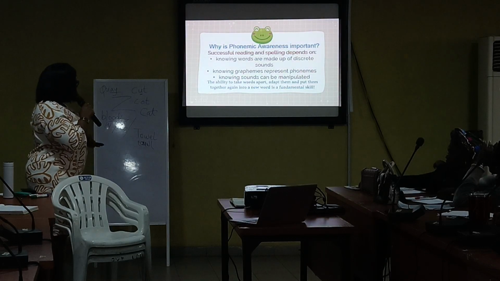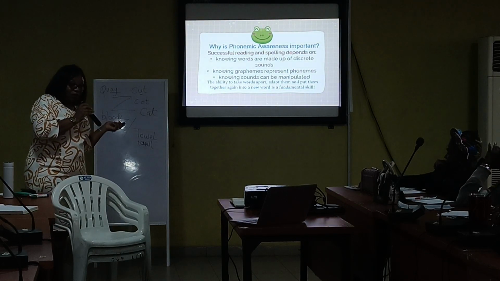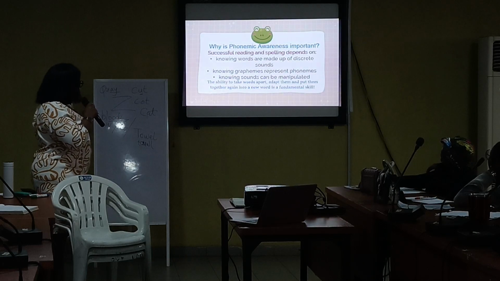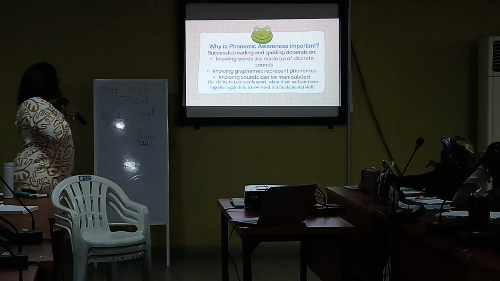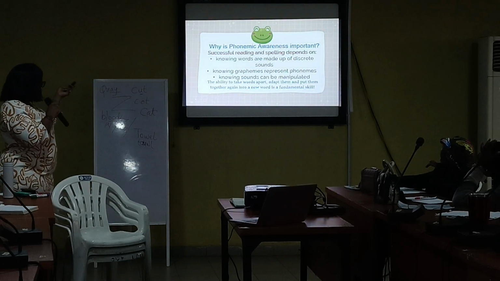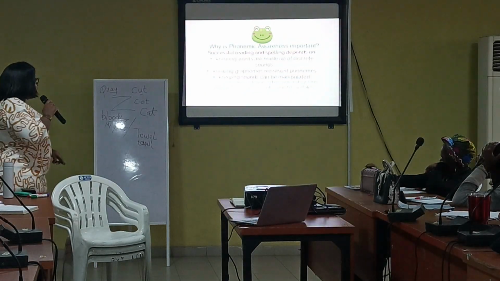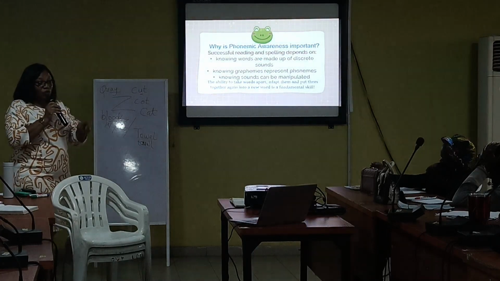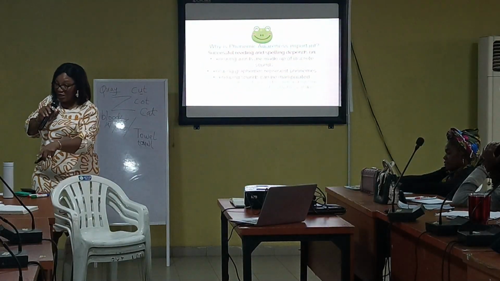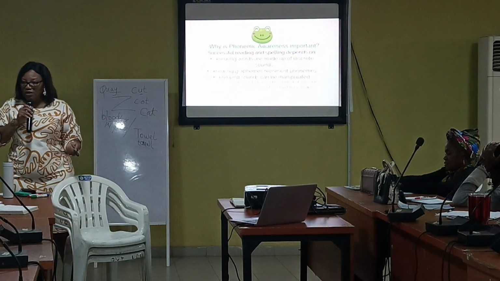Then, phonemic awareness is very, very important because you can't read without hearing the sounds, right? And you cannot spell without it. You need to know that words are made up of discrete sounds, and then you need to know that the graphemes represent the phonemes. So this letter you're looking at represents this sound. If they don't know that, they can't read.